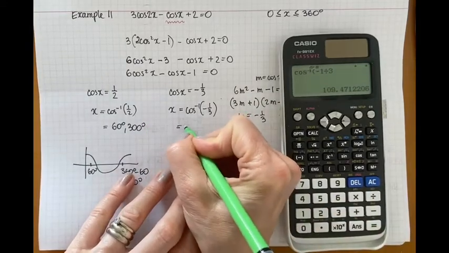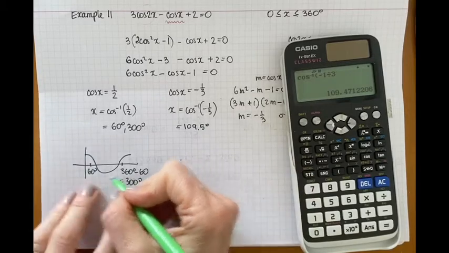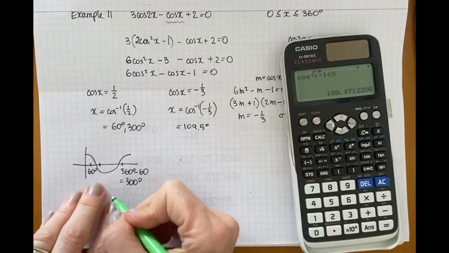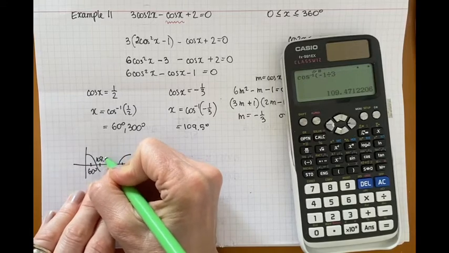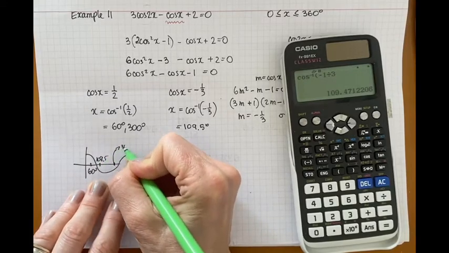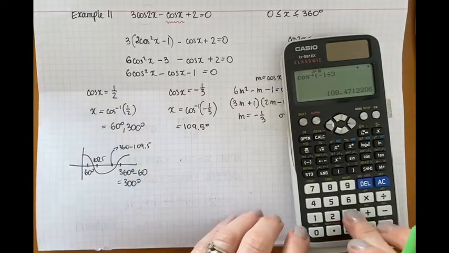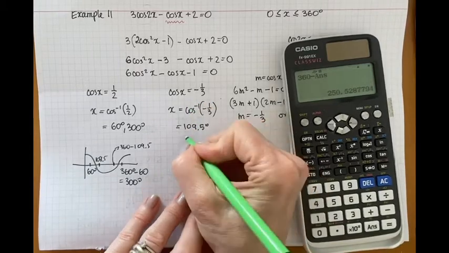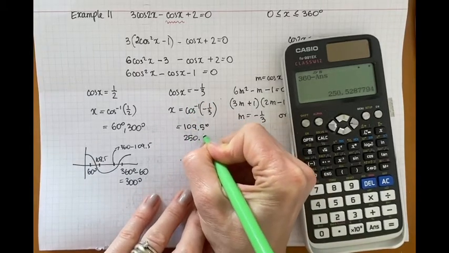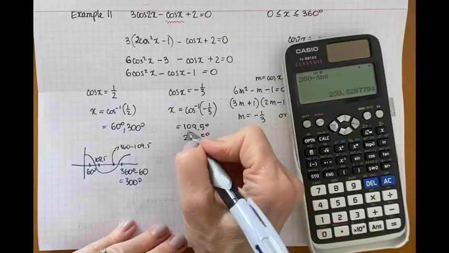That gives 109.47, so it's 109.5. And remember, the other solution is going to be 360 minus 109.5. So it's 360 minus ans. That gives me 250.5 degrees, to 1 decimal place.